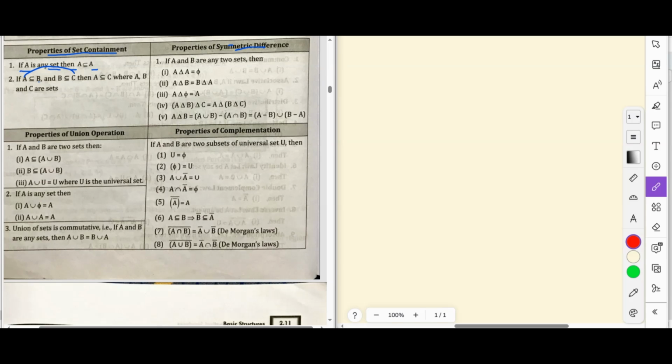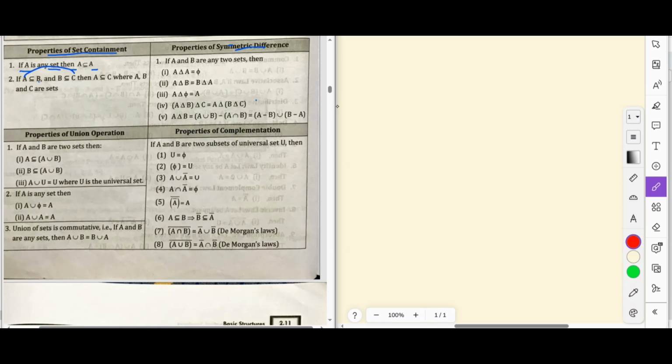Properties of symmetric difference: if A and B are any two sets, then A delta A is equal to the null set, A delta B will be equal to B delta A, A delta null set is A, and A delta B delta C equals A delta B delta C, that is the associative property. Then A delta B will be A union B minus A intersection B, or A minus B union B minus A, that is the formula to find the symmetric difference.